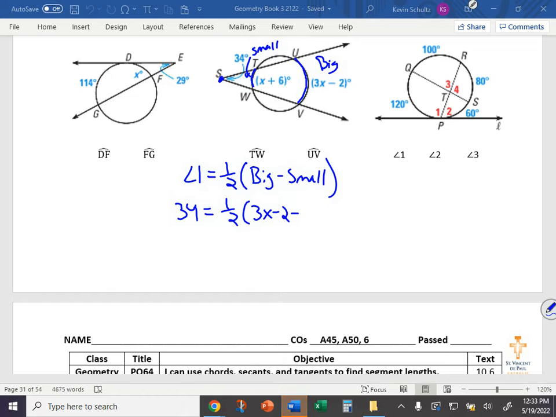And here's where folks oftentimes make mistakes. Because x plus 6 is more than one term, and we're subtracting the entirety of the small angle, what do we need to do here? We need to put that small angle in parentheses, right? Because if I just write minus x plus 6, I'm really only subtracting x and then adding 6 to that total.